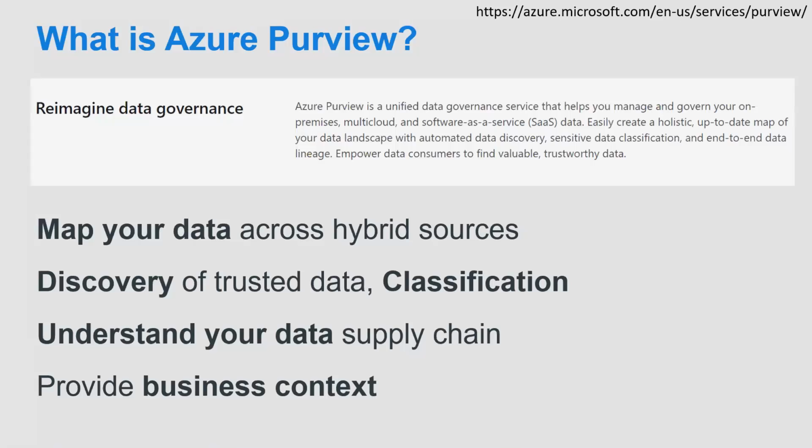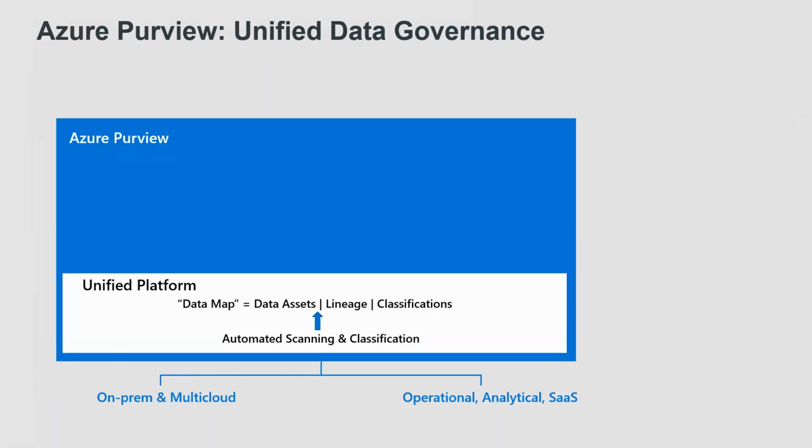So business context is really required to serve the different needs of the data catalog. It's not only the technical infrastructure, the technical inventory that is required. It's also the business context and the classification that really put all those pieces together to have an overview and a good data catalog.